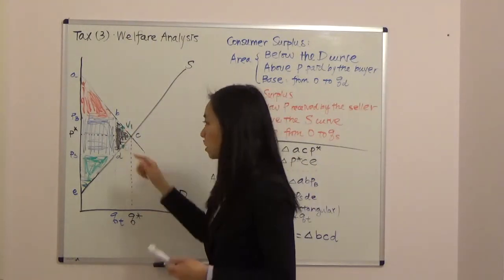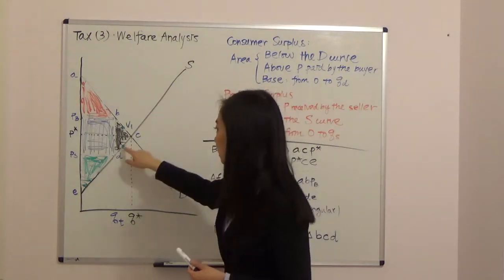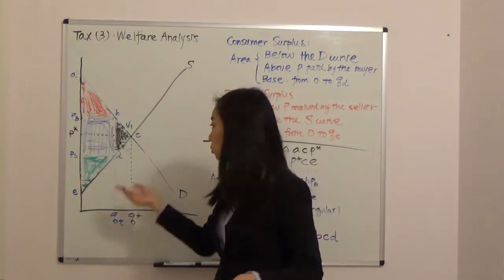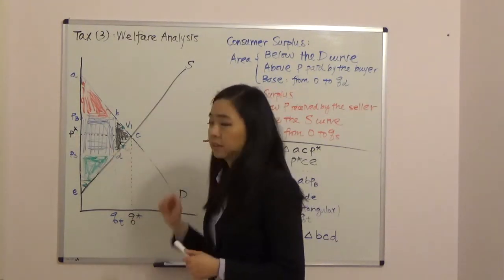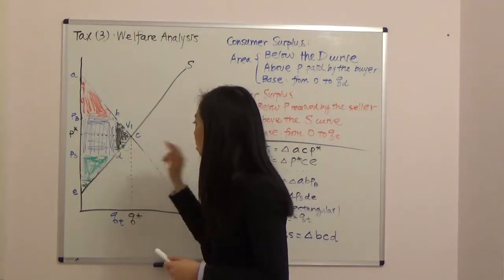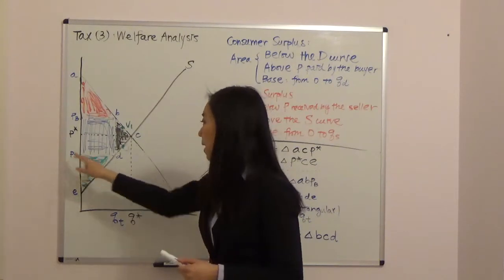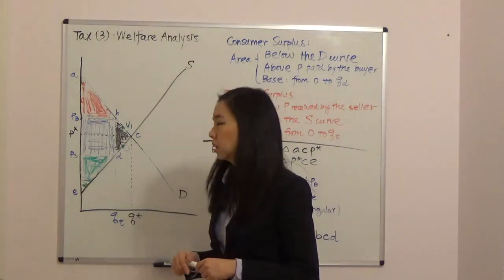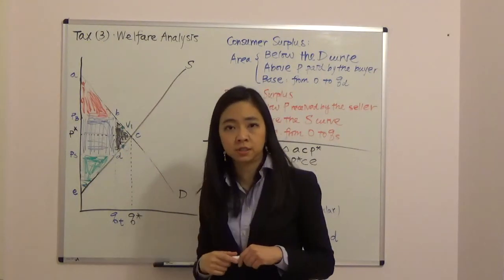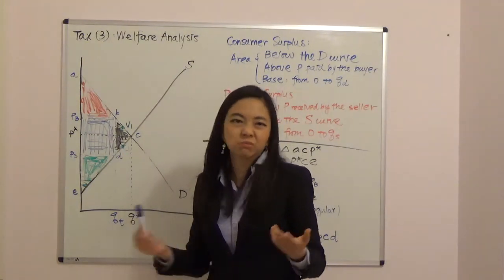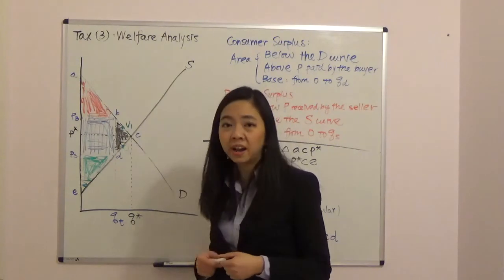What about the seller whose cost is C1? Well, previously, when the price was P star, the seller would be able to sell the unit and get the producer surplus, P star minus C1. But now, because of tax, the seller can only take home PS dollars, and that's lower than the cost of this particular seller whose cost is C1. So the seller will say, forget it, because my cost is too high, it's C1.